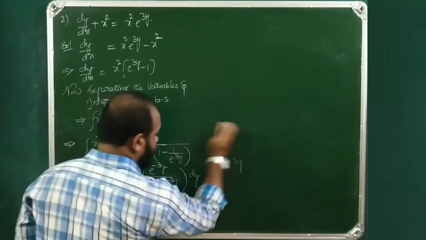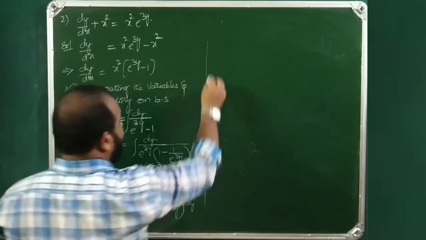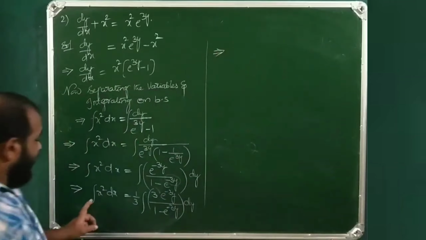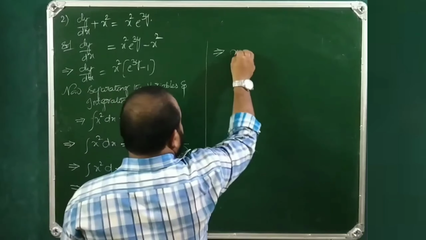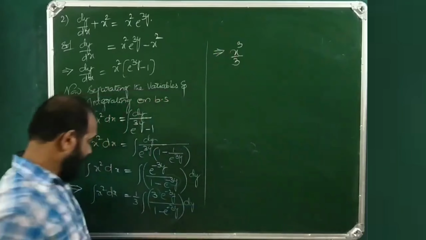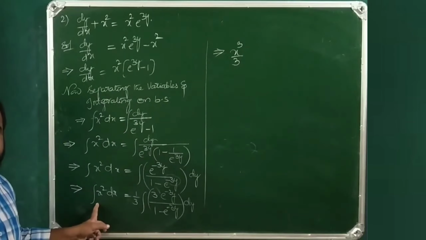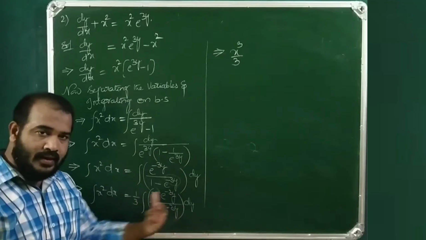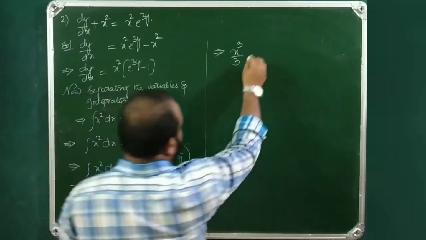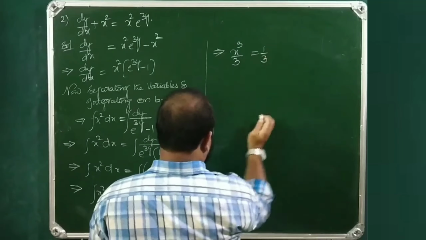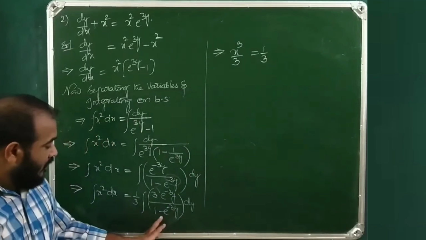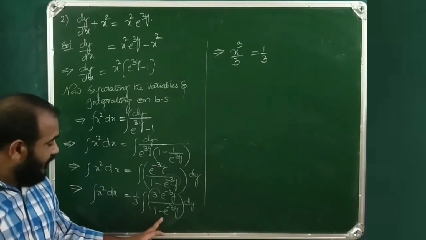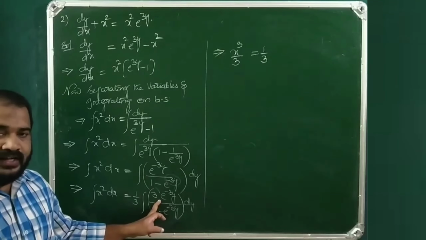So this is equal to integral x square dx, which is x cube by 3. Integral x power n dx is x power n plus 1 by n plus 1. This is equal to 1 by 3. We have just seen here, its derivative is situated on the numerator.